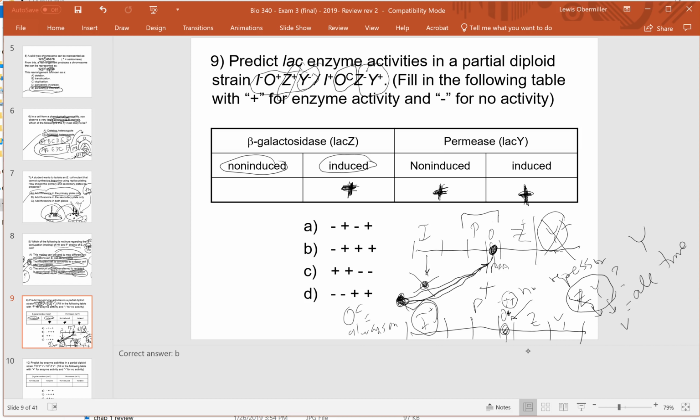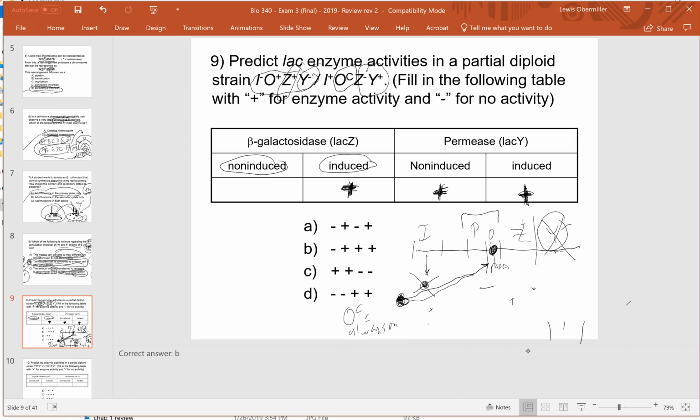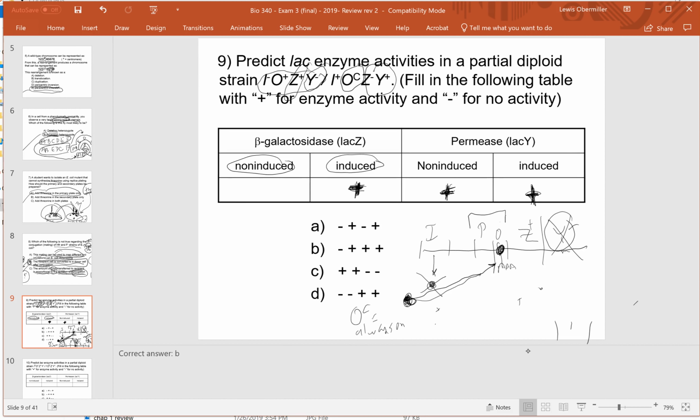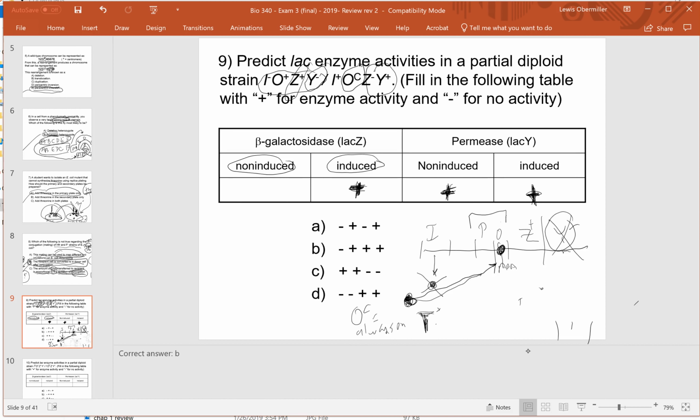So that's out. Now, if it's not induced, then this repressor here will bind. I'm going to clear this up a little bit since we don't really care about this one anymore. And the reason we don't care is because we know it's constitutive. The only thing we care about is that this is I plus. Right? It tells us right there. This is I plus.